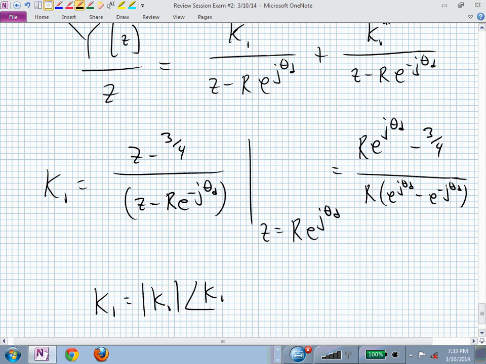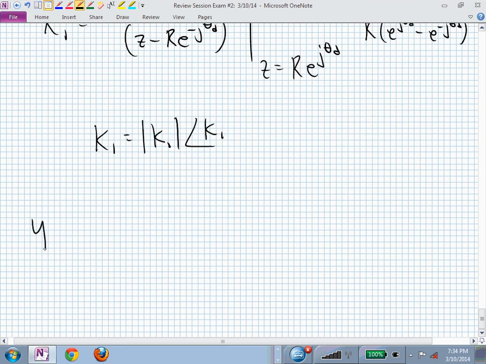R is whatever we calculated it to be, a little bit about 0.8. And then we have e^(jθ_d) could be cosine θ_d plus j sine θ_d, and you have a complex number for k1. If we now have a complex number for k1, we immediately can write down what y[n] is. It's simply 2 times the magnitude of k1, which we just found, r^n.